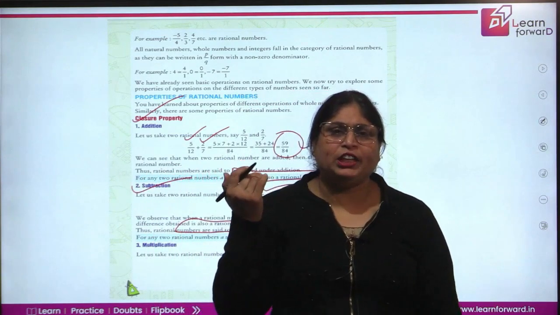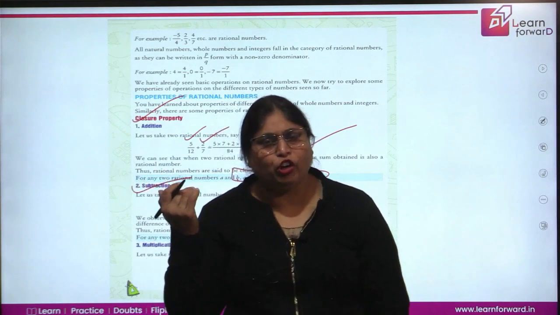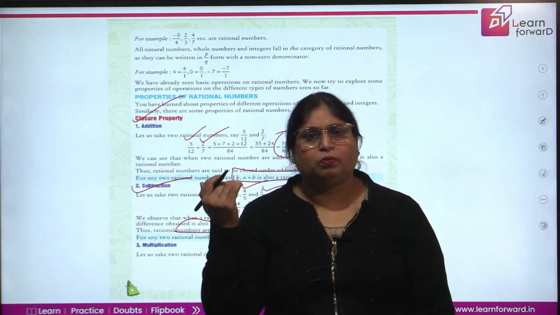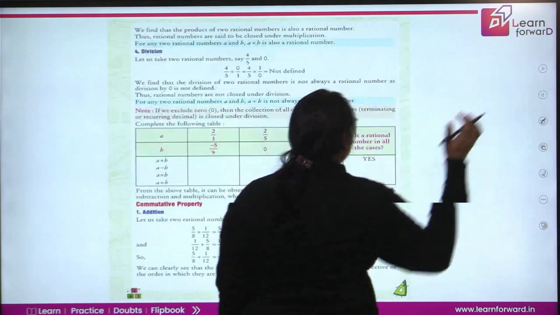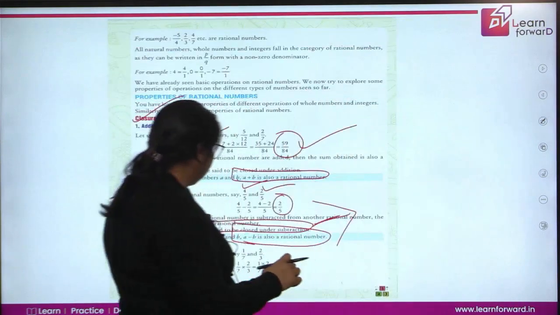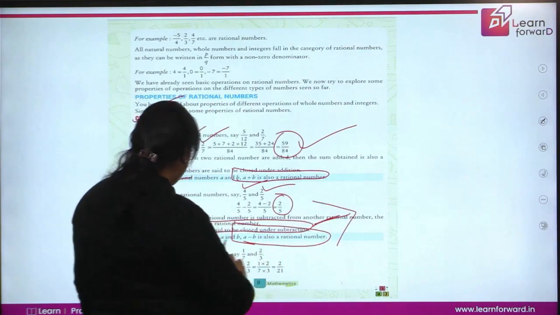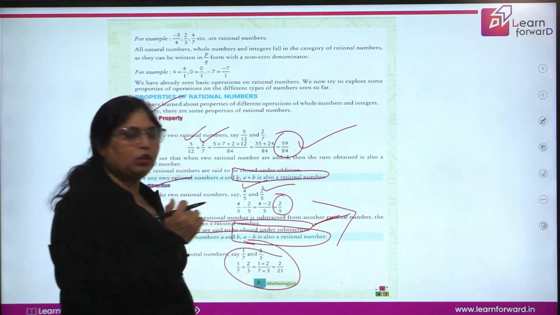So can we say that the closure property of multiplication holds good for rational numbers?